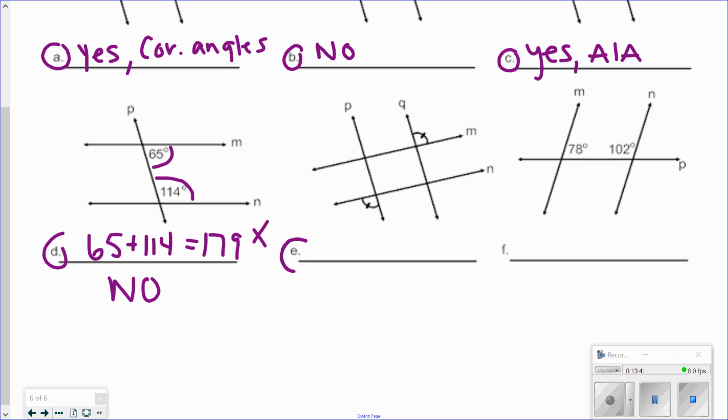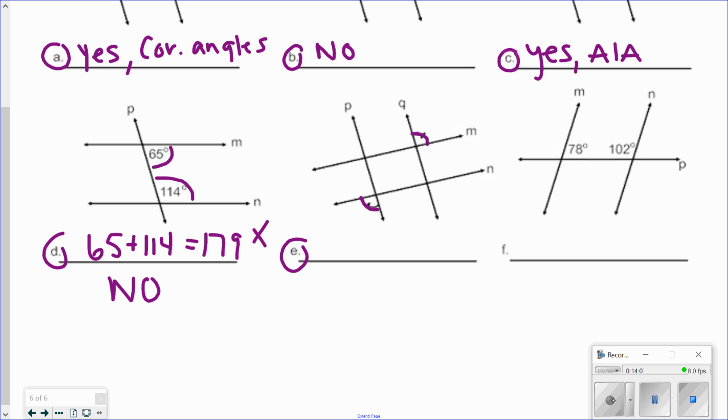Part E. So we have lines M and N, and we have these angles out here. So looking at this diagram, do we have enough information? Well, this is also a trick question. It looks like they would be alternate exterior angles, but they're actually not.